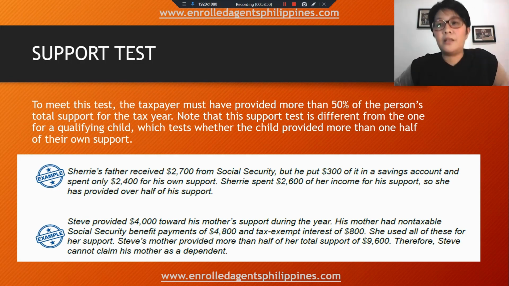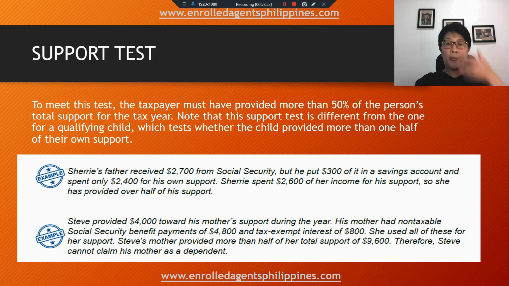So kanina, di ba, dinidetermine natin yung bata, kahit na kumita siya, halimbawa meron siyang commercial, kumita siya, pero yung pera, hindi niya ginamit for his or her own support. Kumbaga, nilagay ng parents sa trust fund or educational fund, ganyan. So, pwede yun. Pwede pa rin ma-qualify as qualifying child.